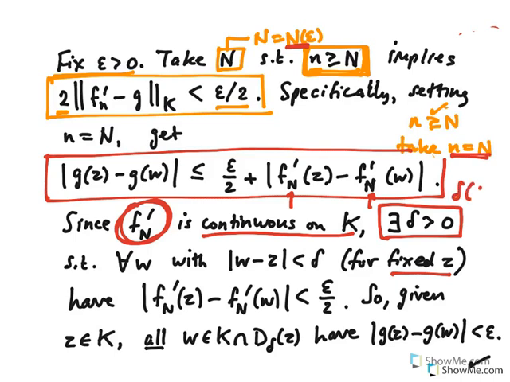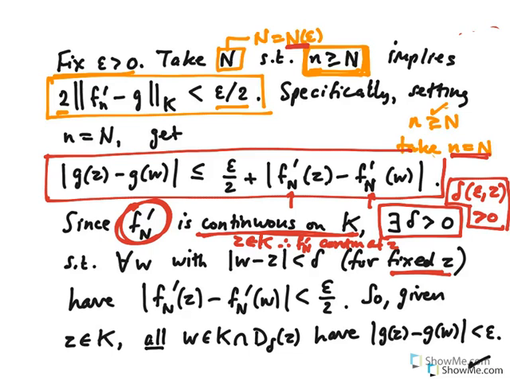This delta is going to depend not just on epsilon, but also on z, because it's continuity at the point z. That's what I'm saying: fn prime is continuous on k, and z is in k. So therefore, fn prime is continuous at the point z, specifically at the point z. So I'm fixing a z, and the delta that I get, which is positive, may depend on that z as well as epsilon.